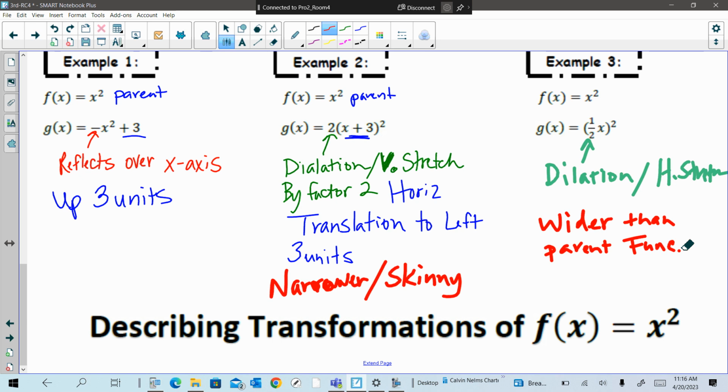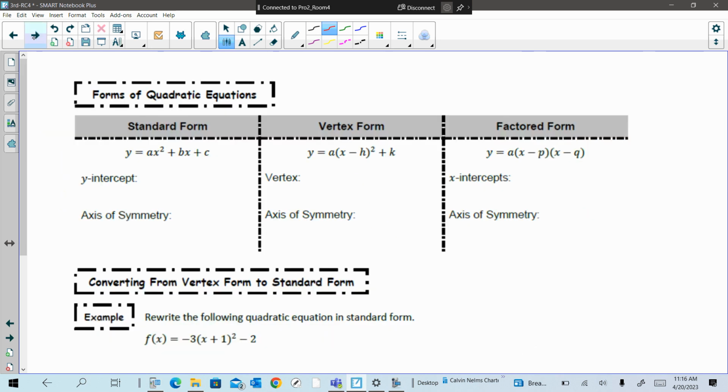Our next section in our flip book, forms of quadratic equations. So writing equations. Okay, so this is the standard form, which will be given to you on your formula chart. You just need to underline right here, the C in standard form is your y-intercept.